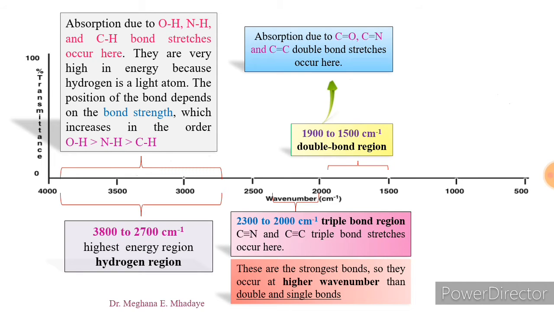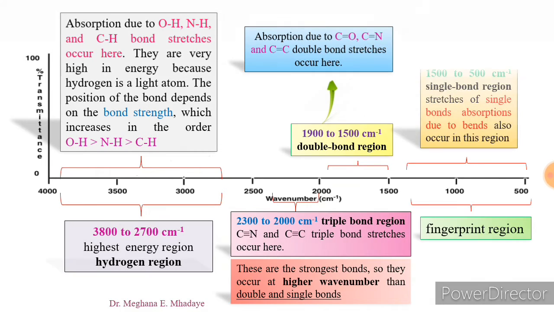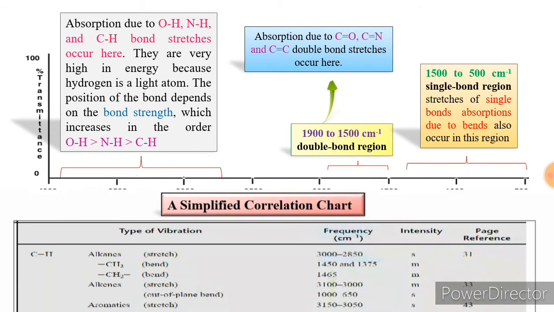Absorption due to carbon oxygen, carbon nitrogen and carbon carbon double bond stretches occur here. 1500 to 500 cm inverse is the single bond region. Stretches of single bonds and absorption due to bend also occur in this region. This region is the fingerprint region.